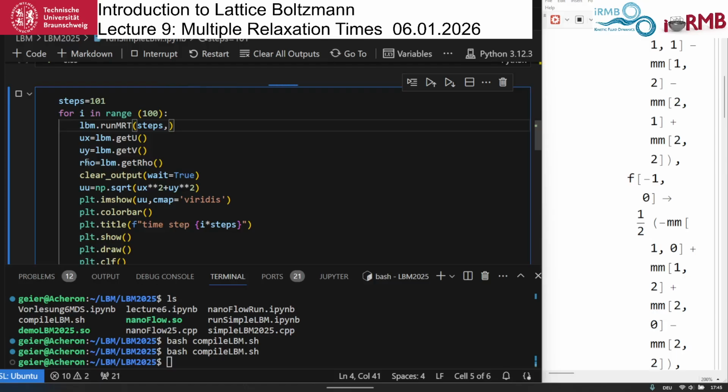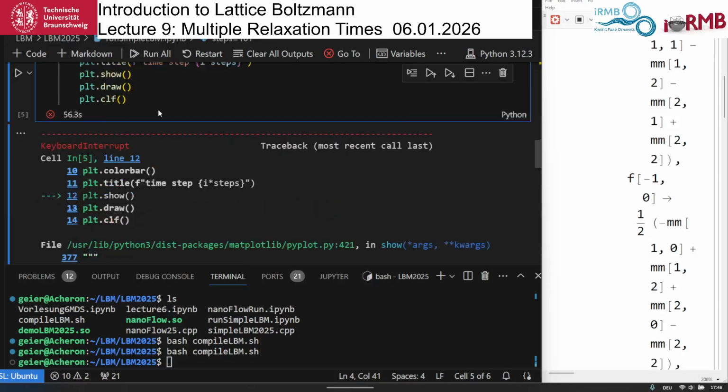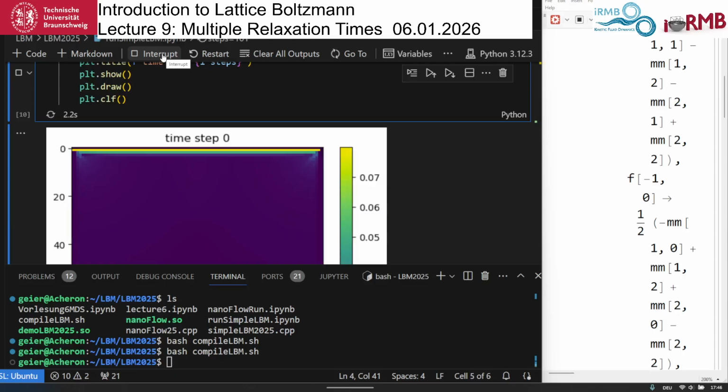So as I said, let's do it the simple way and put them to 1, all of them. So I'll interrupt this. What are we going to do when it does not run now? Okay, it's running.